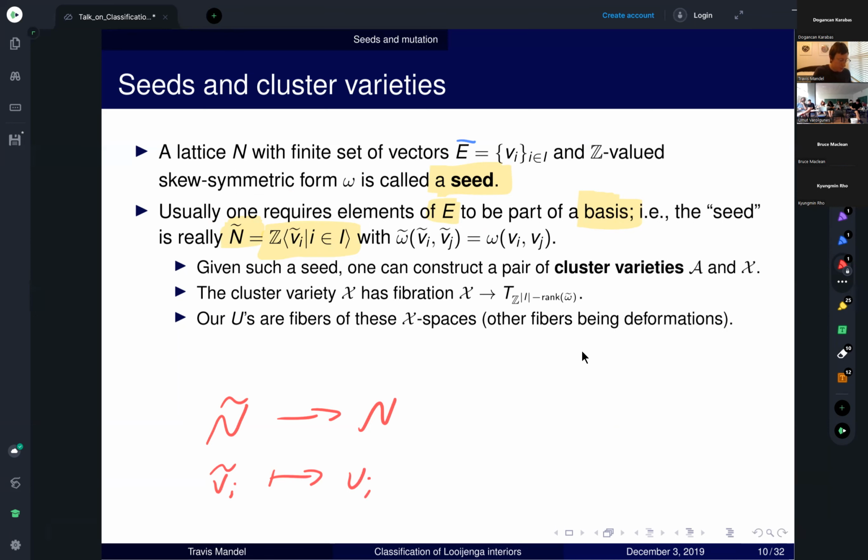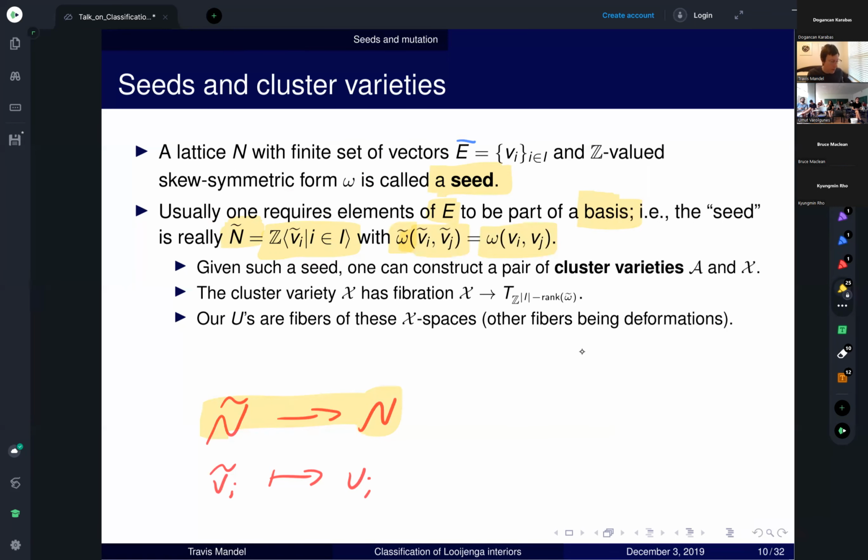You can use this to pull omega back. You take omega on N and pull it back to N tilde, and call that form omega tilde. Another way to say that is omega tilde is the form on N tilde defined by omega tilde of VI tilde, VJ tilde is just omega of VI, VJ. It's the same as pulling omega back from here to here.